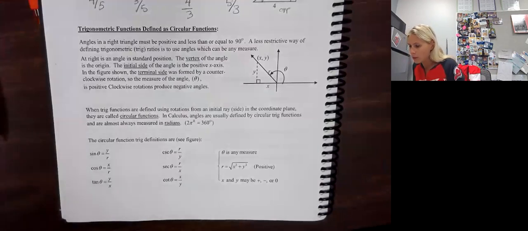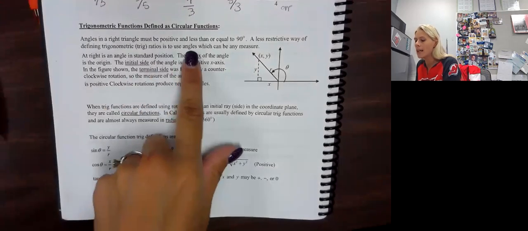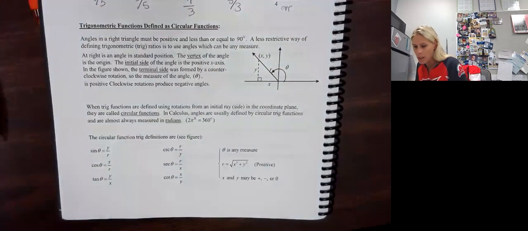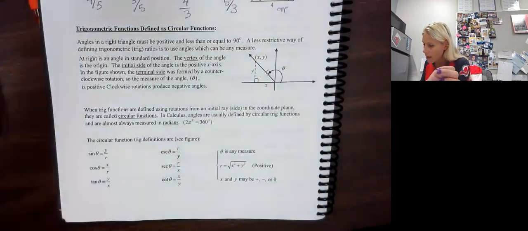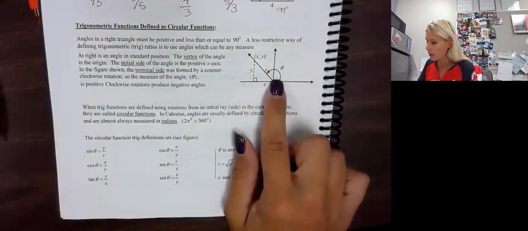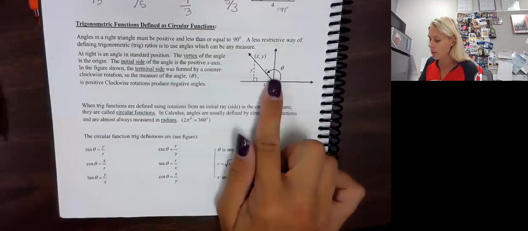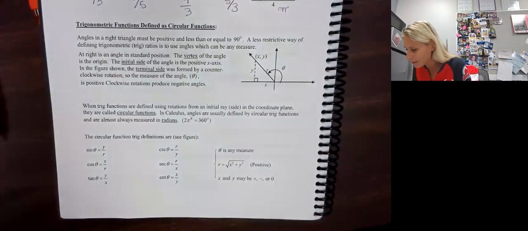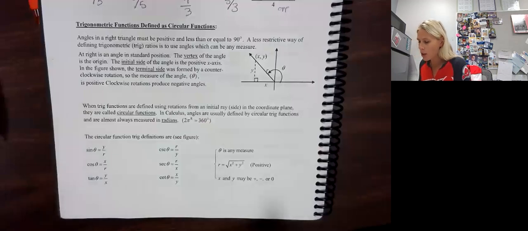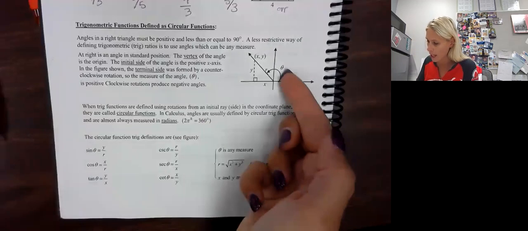A less restrictive way of defining trig ratios is to use angles that can be any measure. At right is an angle in standard form, or in standard position. The vertex of the angle is the origin, so that will always be that. The initial side of the angle is the positive x-axis, and in the figure shown, the terminal side is formed by counterclockwise rotation. Okay, counterclockwise.